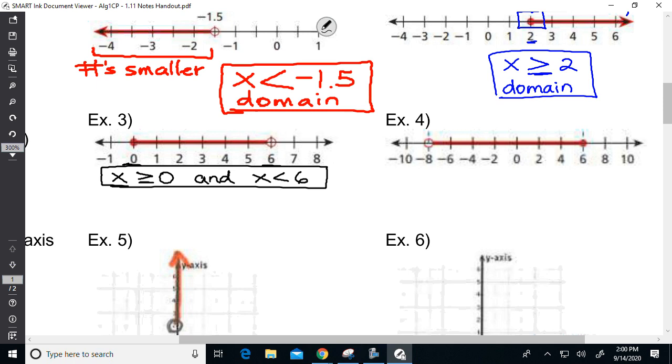Now this is the long way of giving that answer. If you wanted a shorter way to write it, then you would take the two numbers, put the variable in the middle, and then use less than or equal to or less than signs.